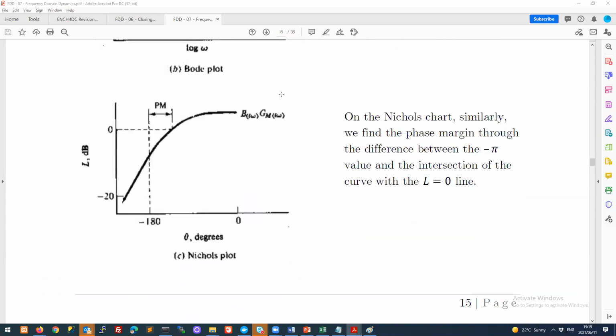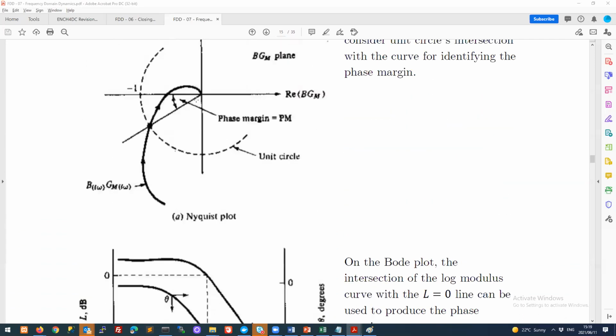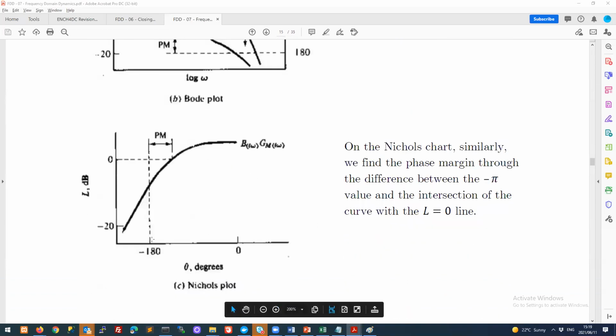Okay, and now let's look at the magnitude, right? So we've talked about the Nyquist plot and the Bode diagrams, and then in terms of your Nichols plot, your phase margin, as we said, is when L equals 0.